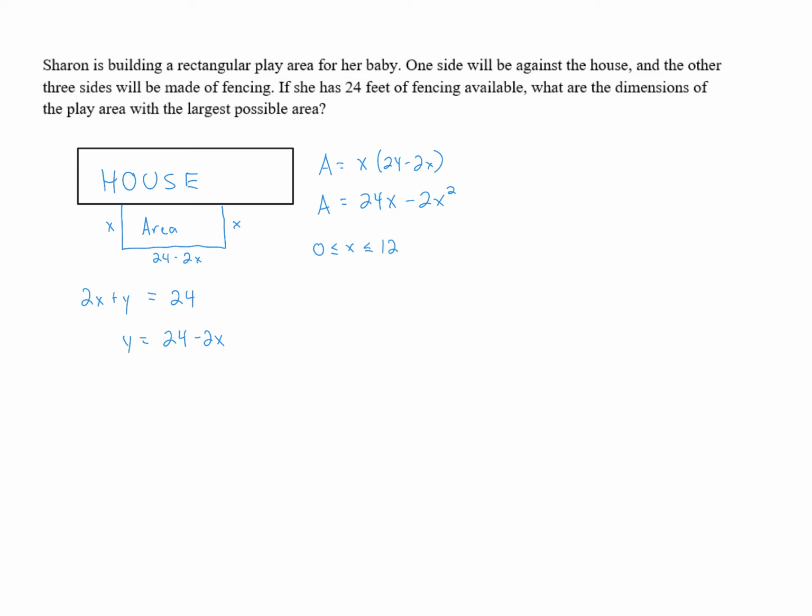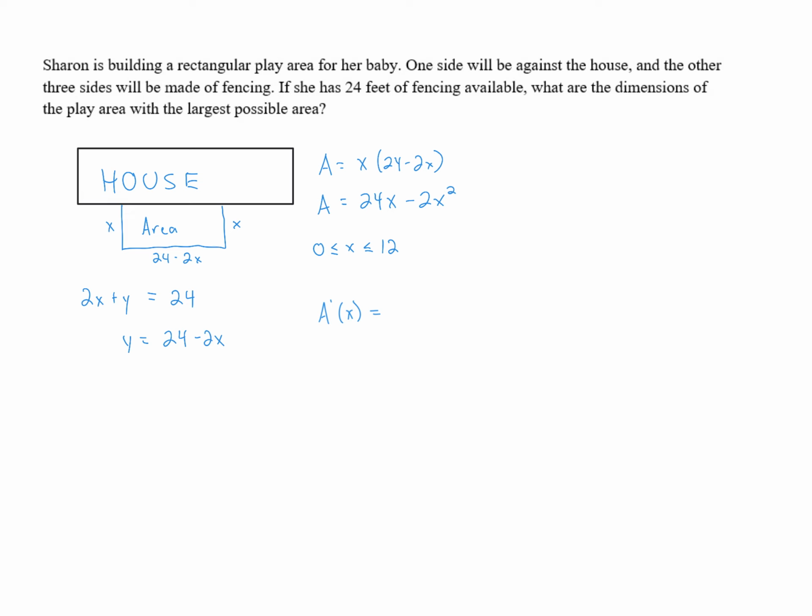So this gives us our closed interval, and this gives us our continuous function that we want to find the maximum of. So we can use the closed interval method. We're going to need the derivative of our area. So this is going to be A prime of x.